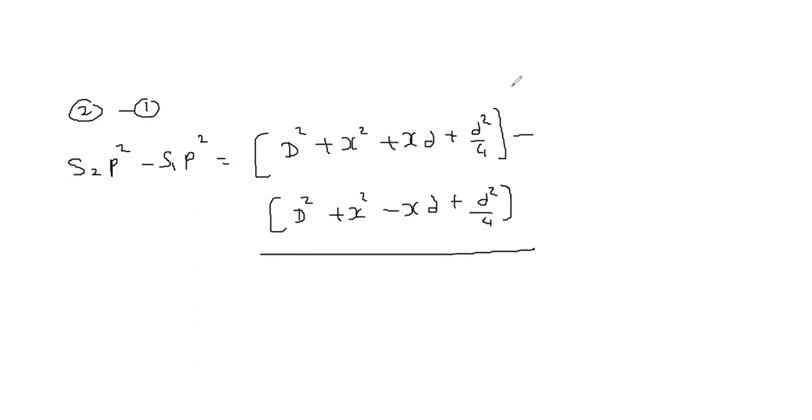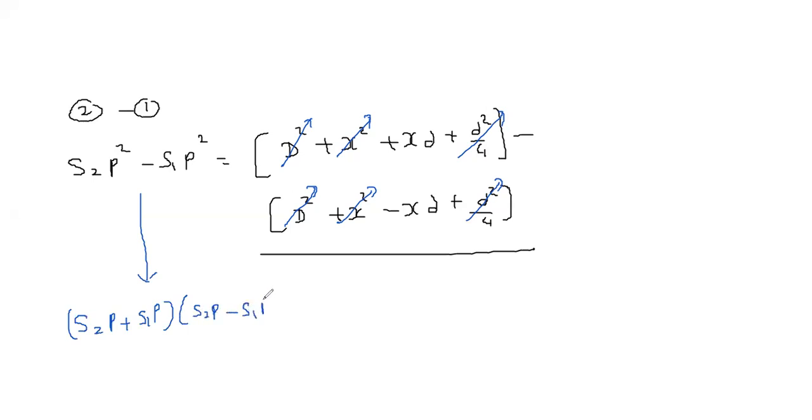So here, D square cancels, X square cancels, D square by 4 cancels. So what is A square minus B square? A plus B into A minus B. Correct? A square minus B square equal to A plus B into A minus B. Equal to what is this? XD minus minus XD.